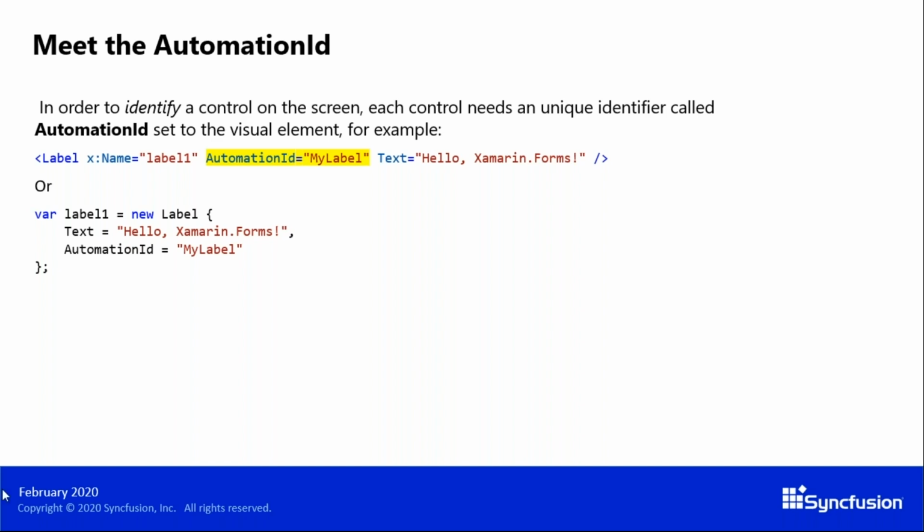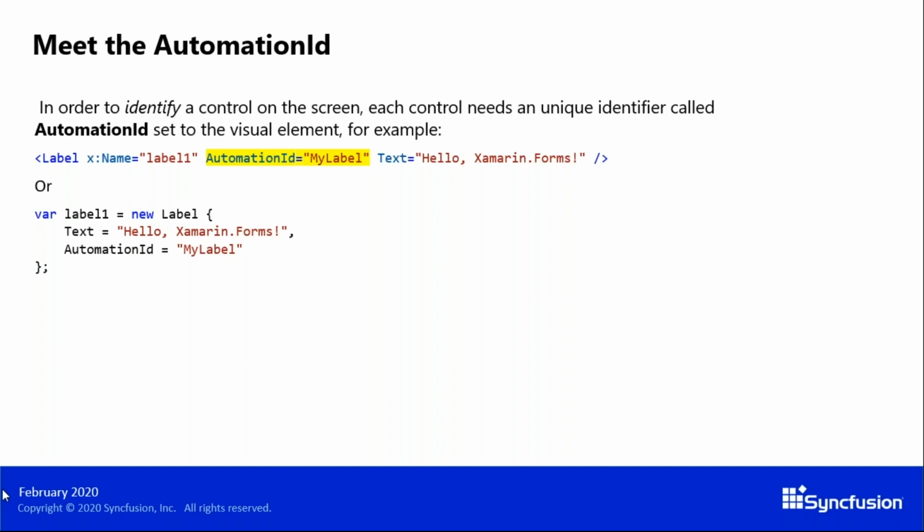It's different from the x:Name you may have been using, so it's not enough to have the x:Name. You also need to add the automation ID to your control in order to identify it on the screen.